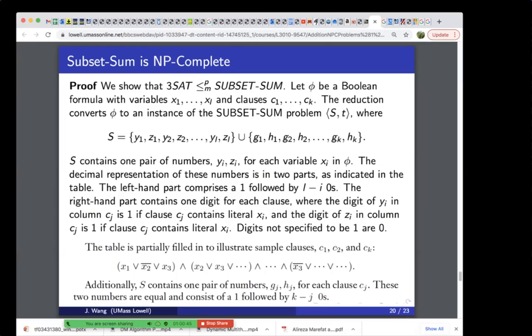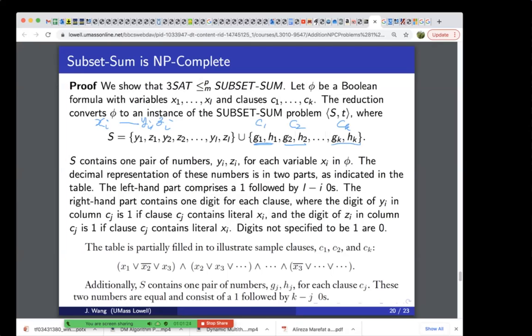We have these variables, and for each variable xi, I'm going to introduce yi, zi to represent it, and then for each clause, I'm going to introduce two variables to represent that clause.